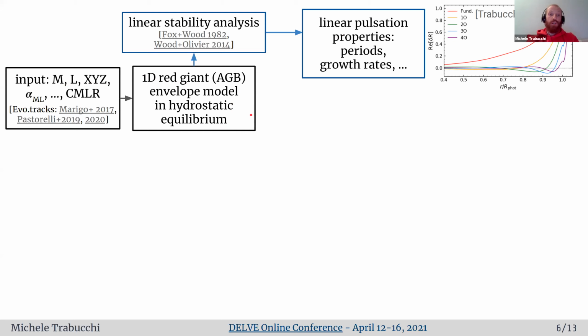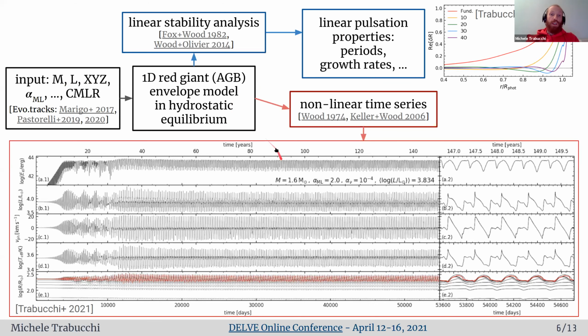And then we use the nonlinear code to solve the time-dependent equations of hydrodynamics to obtain a nonlinear synthetic time series. Basically, a description of the motion of the envelope layers as a function of time and a variation of their thermodynamical properties.